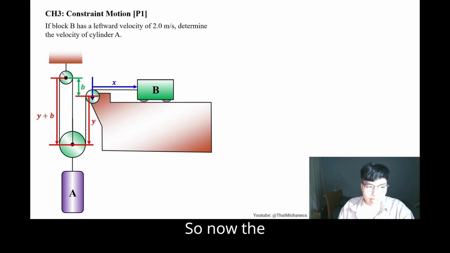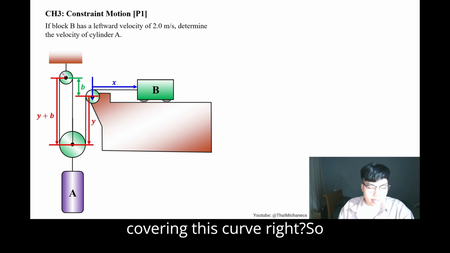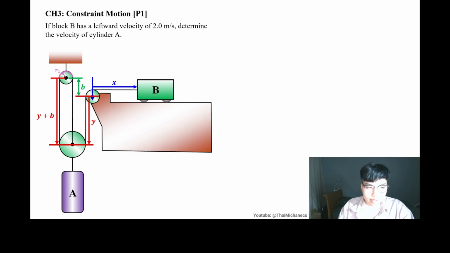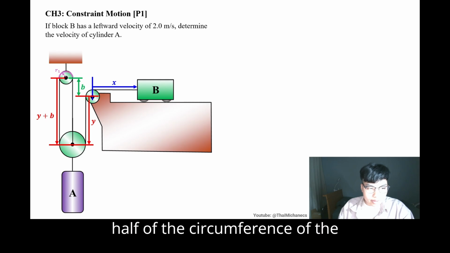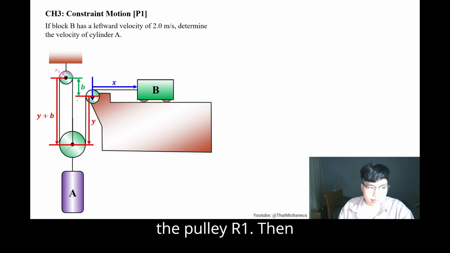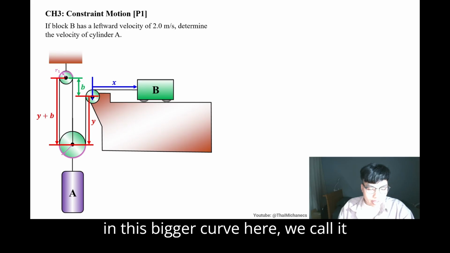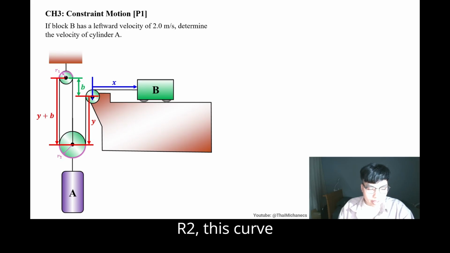The rope is also covering this curve. The small pink curve indicates R1, half of the circumference of the circle of this small pulley. Then this bigger curve we call R2.